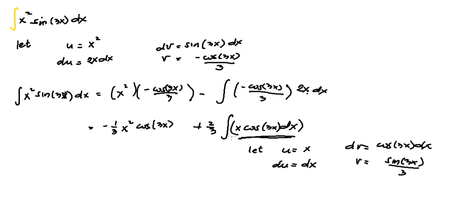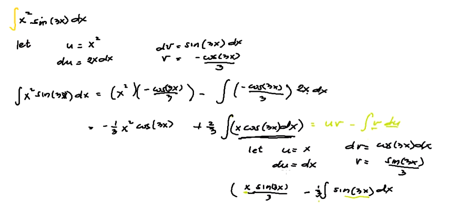This term is equal to uv minus the integral of v du, wherein our u is x and our v is sine 3x all over 3, so we have x sine 3x over 3 minus the integral of sine 3x over 3 times du, wherein du is dx.